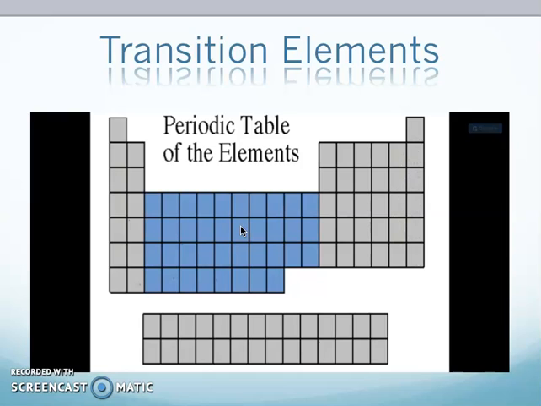Rather, sometimes they show +2 ionization, sometimes +3 ionization, so the number of electrons they share is different. In these transition elements the electrons keep jumping from one shell to another shell.